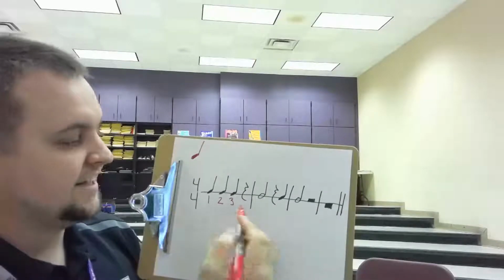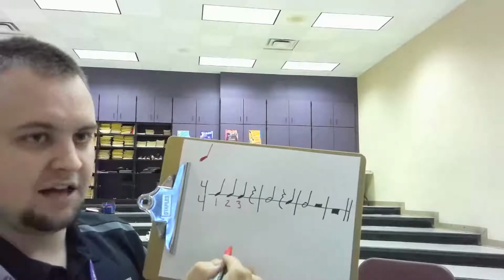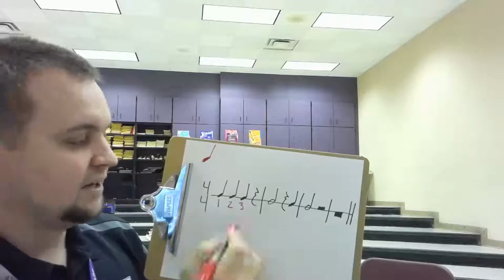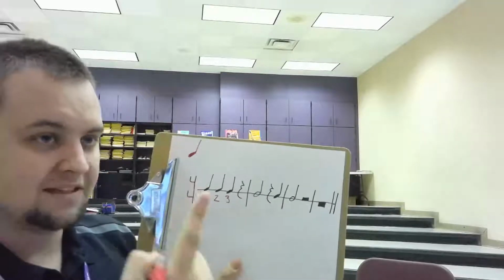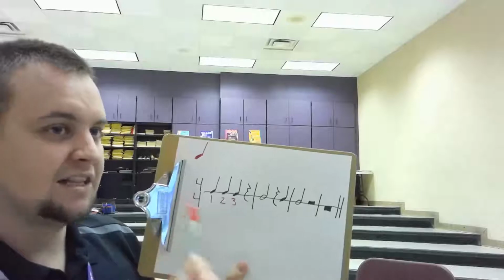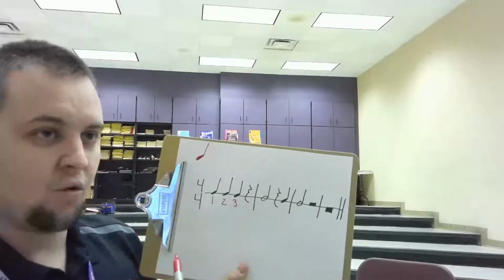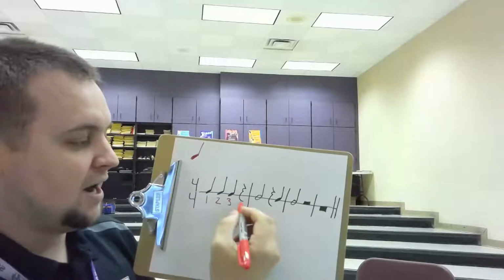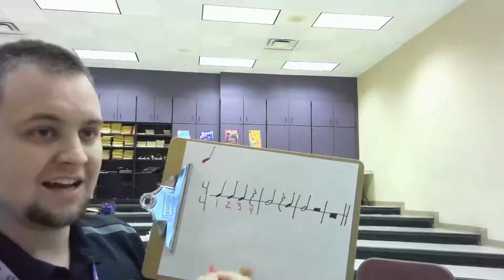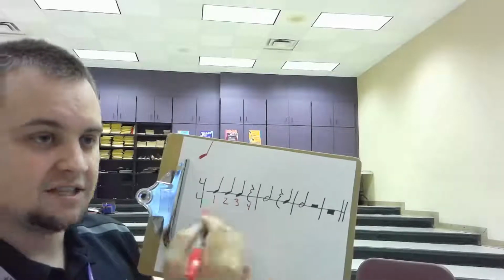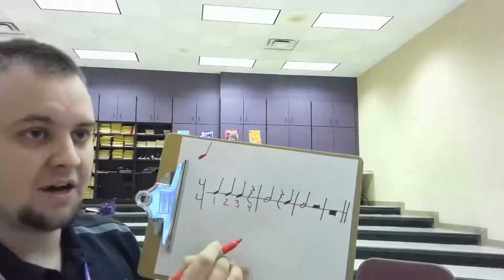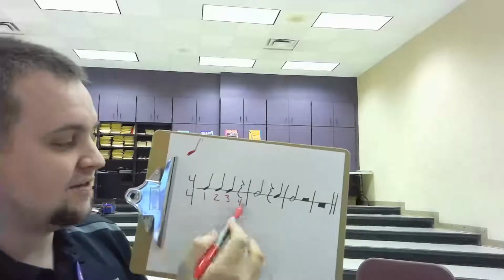Simple. Then we have this symbol right here. Again, it is a quarter rest, so it is worth 1 beat. It is the same exact length as the quarter notes, but it is silence. We know that's beat 4 because it is the same exact length, but it's different in that these are sound and that is silence.